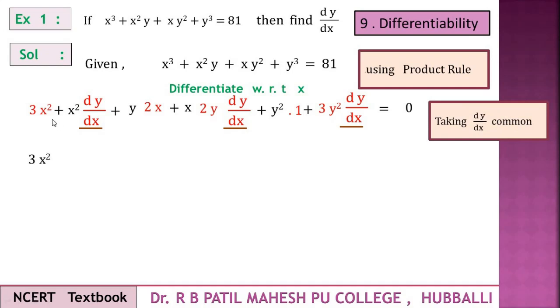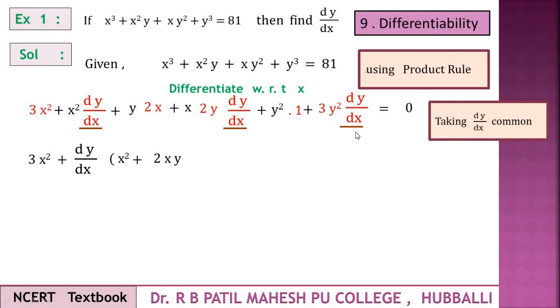The remaining terms I write as it is, that is the first term 3x square, plus. Here I take dy by dx common. When you take the common, you put the bracket and write the coefficients. The first term coefficient is x square, so write it. The second term's coefficient is x into 2y, which I write as 2xy.